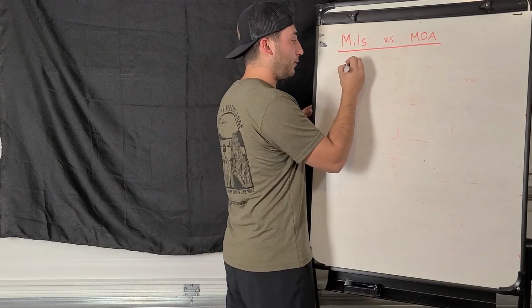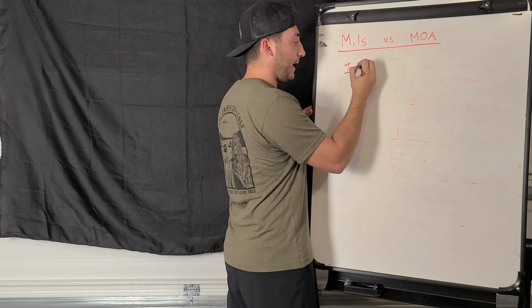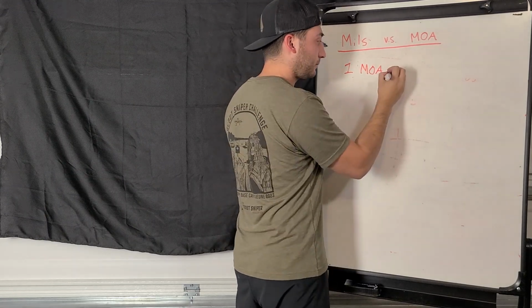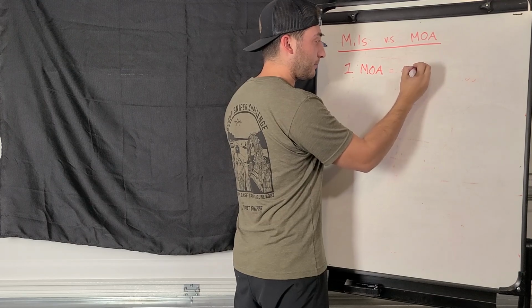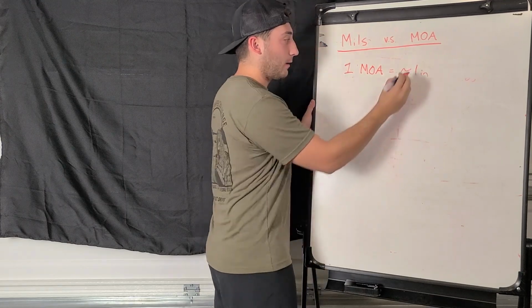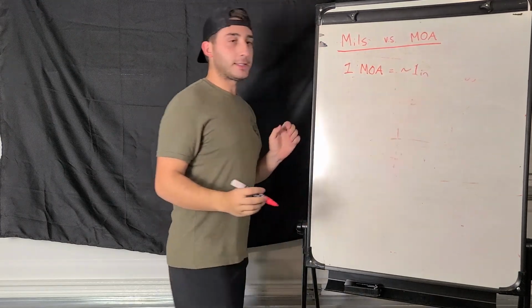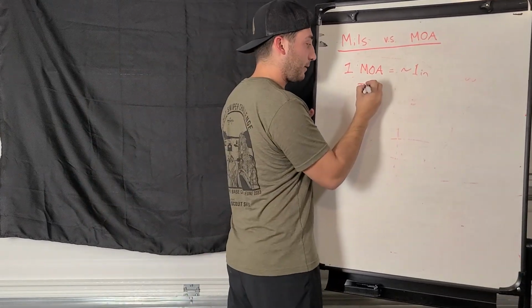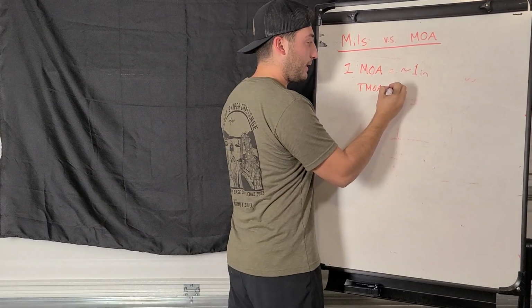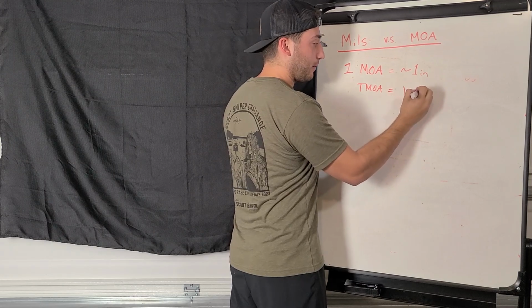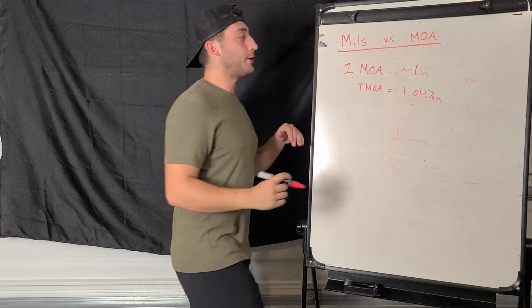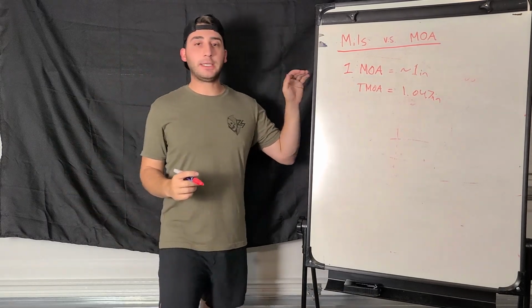So a lot of people will talk about minutes of angle equals an inch, about an inch. That's not necessarily true. TMOA, or true MOA, is equal to 1.047 inches, okay? But MOA translates fairly well to inches.